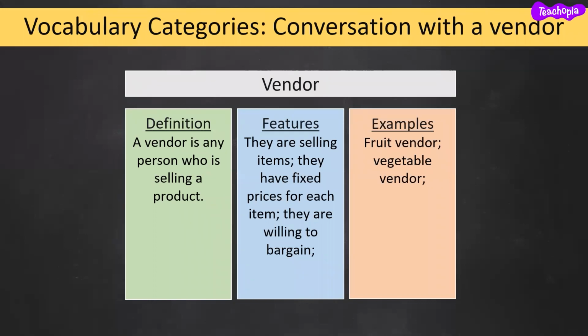The definition of a vendor, the features related to the vendor, and the examples of the types of vendors. So definition of a vendor is any person who is selling a product. The features of a vendor is they are selling items, they have fixed prices for each item, and they are willing to bargain. The examples of vendors are fruit vendor, vegetable vendor, and so on and so forth.